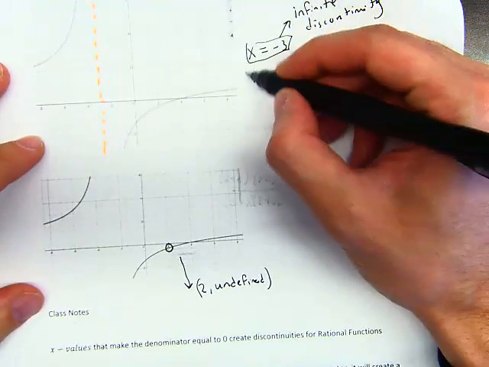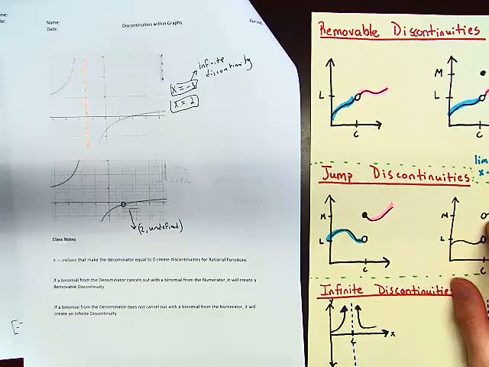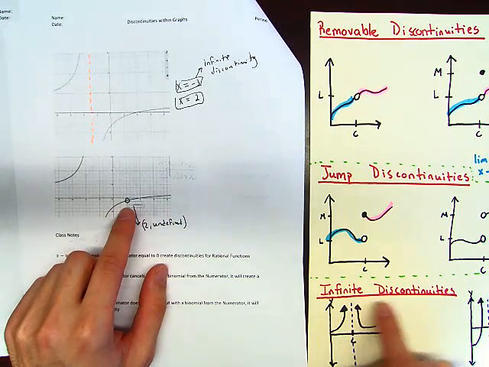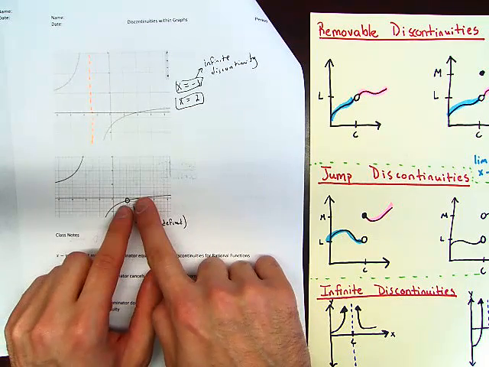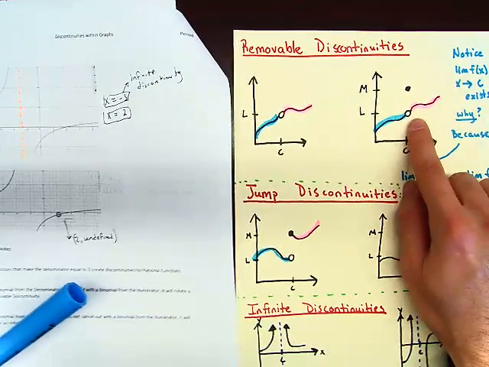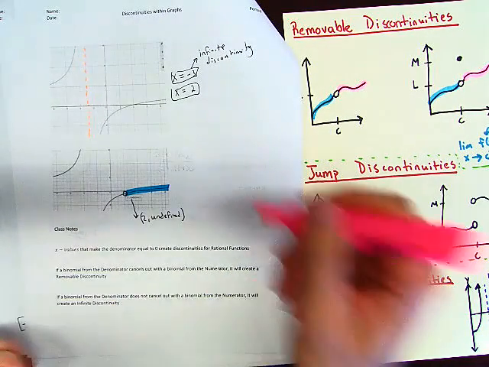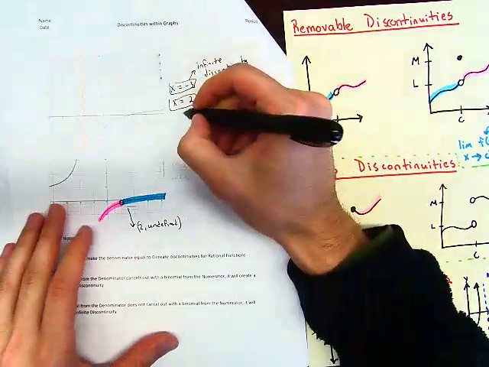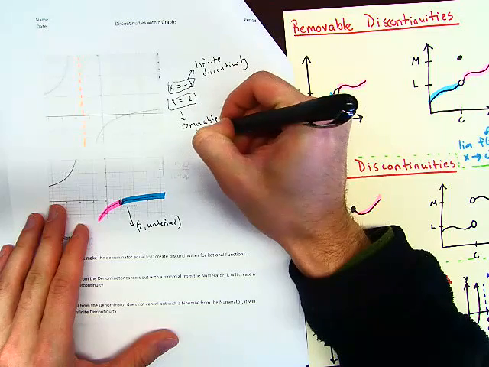Well, let's take a look. Which one will it be? Here, notice that for sure it's not an infinite discontinuity, so is it removable or jump? Here, for it to be removable, does the limit exist? And yes, the limit does exist because it's going to the same y value from the right and from the left. So here, we're going to say that this is a removable discontinuity.